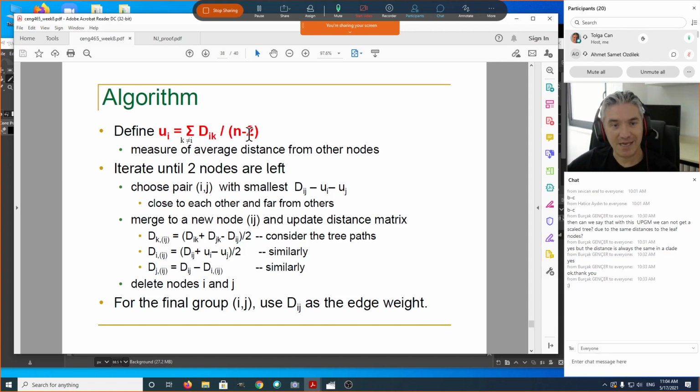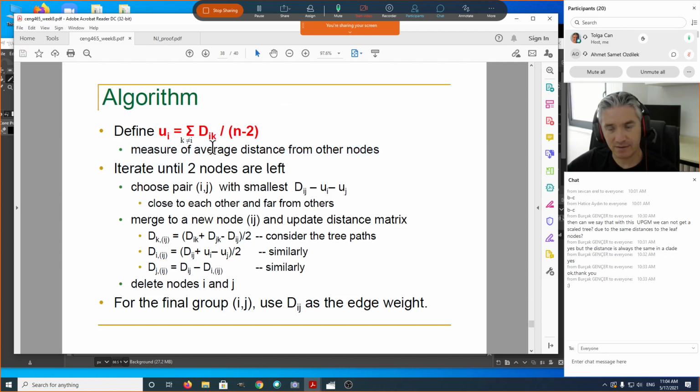It's the distance of i to all of the remaining nodes in the graph, and it seems kind of an average, but it's not exactly the average. If this denominator was n minus 1, it would be the exact average.